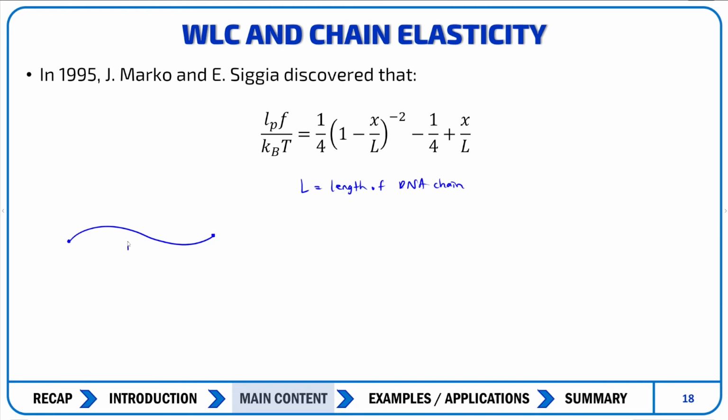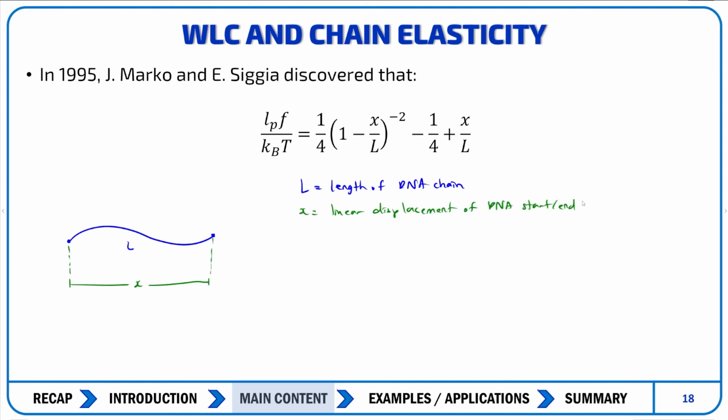So that's simply just L. We then have X being the horizontal distance from start to finish, or linear displacement of DNA start to end.